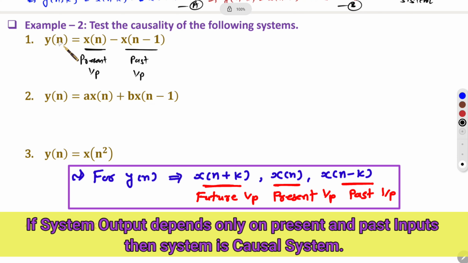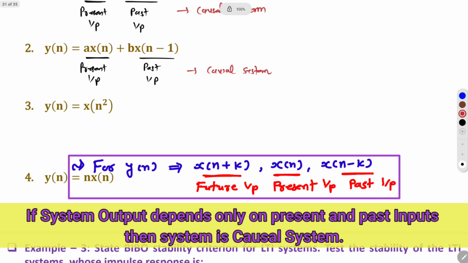So here output is depending on present input and past input, means the given system is a causal system, right? Now if you observe the second system, here we have x of n, that is present input, and here we have x of n minus 1, that is past input. So based on that, one can say this system is also a causal system, right?